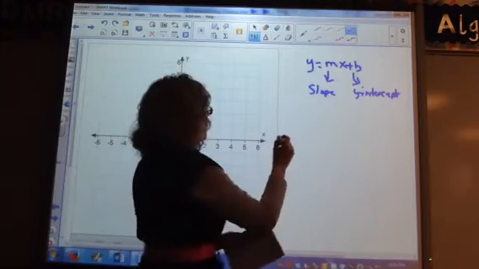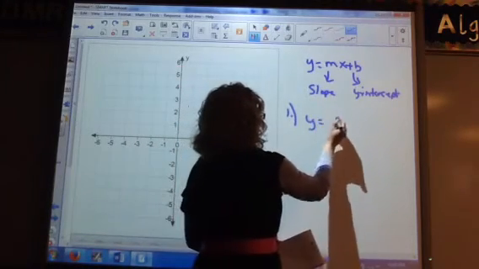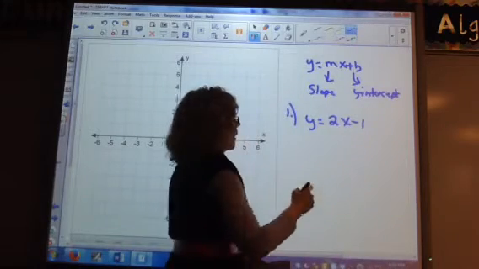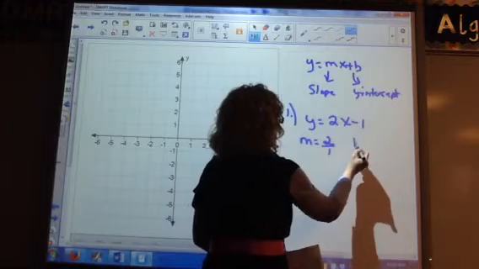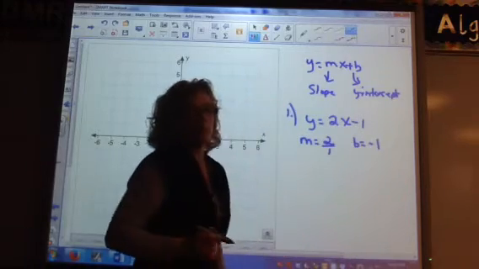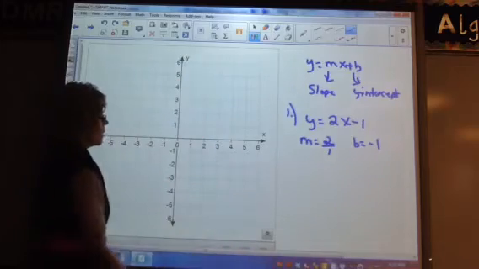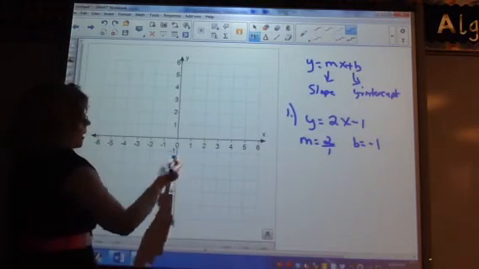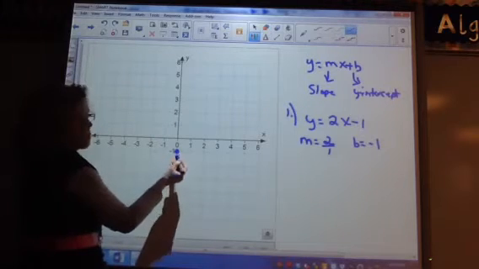Okay, so what I'm going to do here is I'm going to graph two equations. For this first one, let's identify our slope and let's identify our y-intercept. When you graph using slope-intercept form, you always want to start with your y-intercept on the y-axis, and it's at -1. Then from this point, I'm going to do my slope.